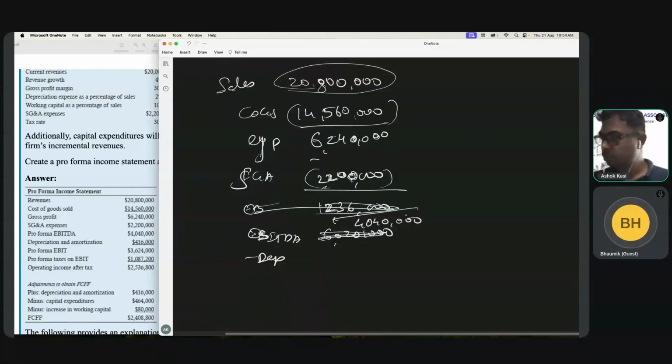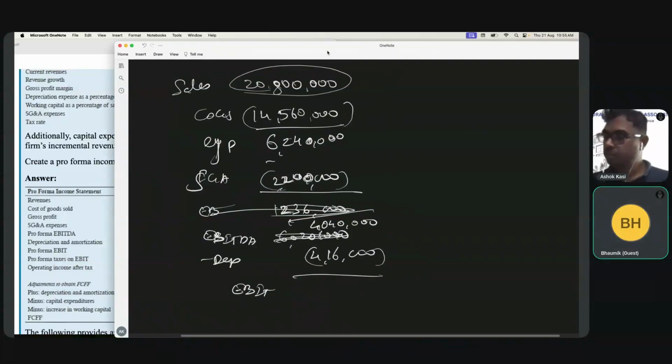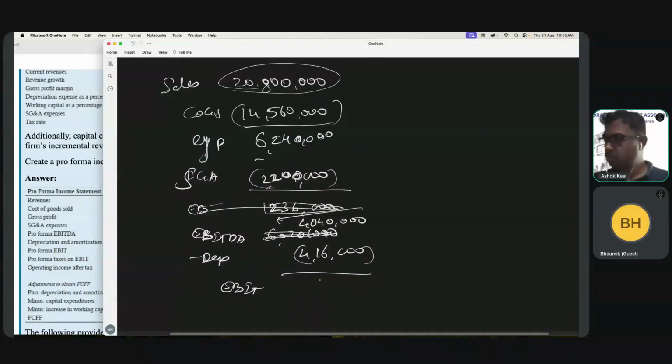Now what is depreciation? Depreciation is 2% of sales, so 416,000. And what is EBIT? 36,24,000.